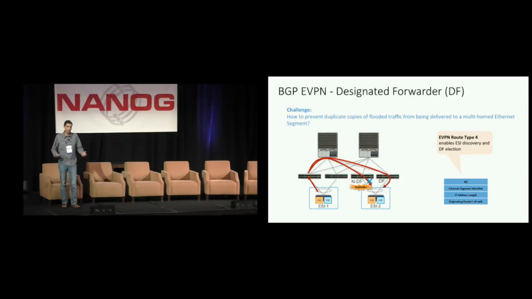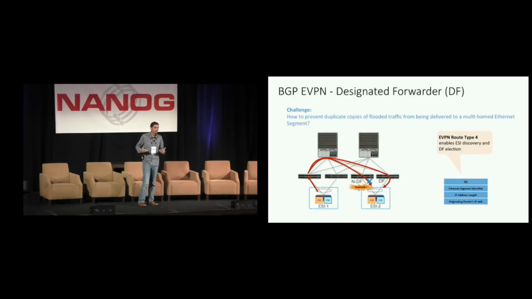So how does this work? Essentially, all the leaves that are part of an ESI's redundancy group discover each other via an Ethernet segment route type 4. And once each leaf knows about all the other leaves that it shares that ESI with, they all run a DF election algorithm.